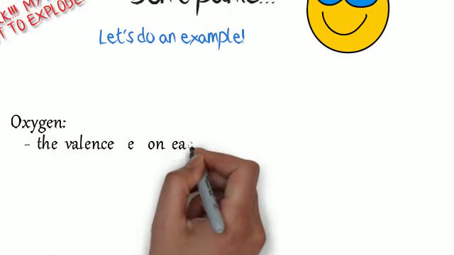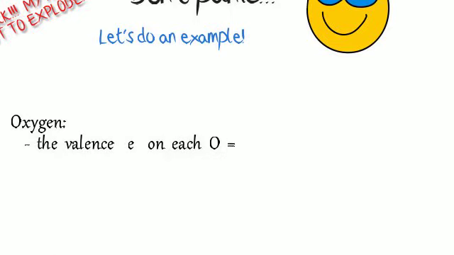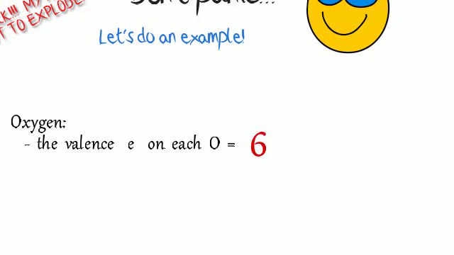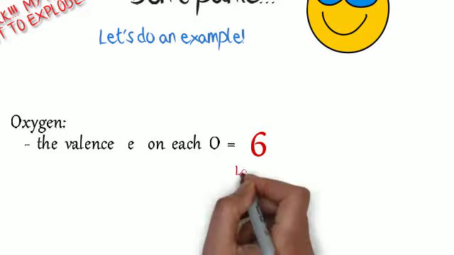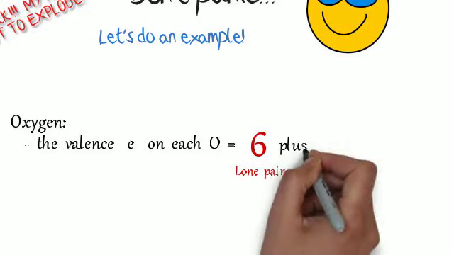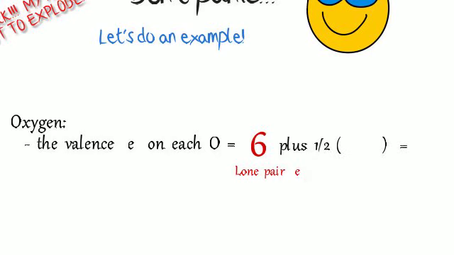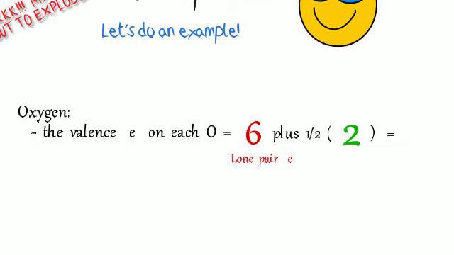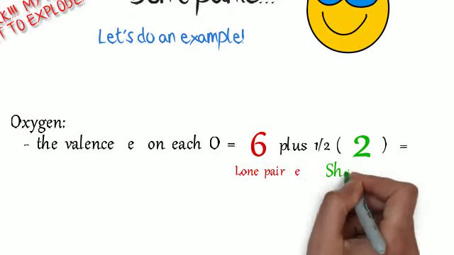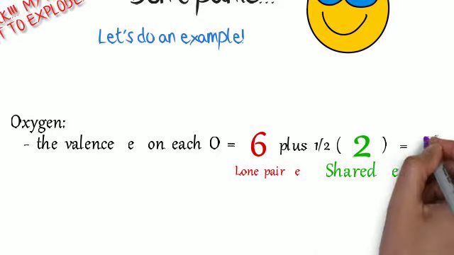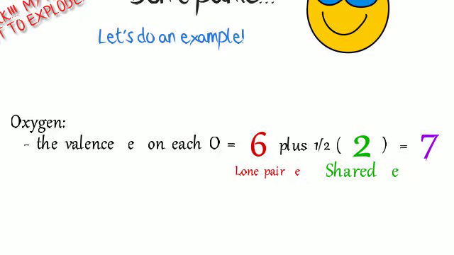The valence electrons on each oxygen, this is how you determine, equals 6, which are the lone pairs of electrons around each oxygen, plus 1/2 of the shared electrons, and this number is going to be 2. So it shares 2 electrons. So it's 6 plus 1/2 of 2, and you can figure that that equals 7.